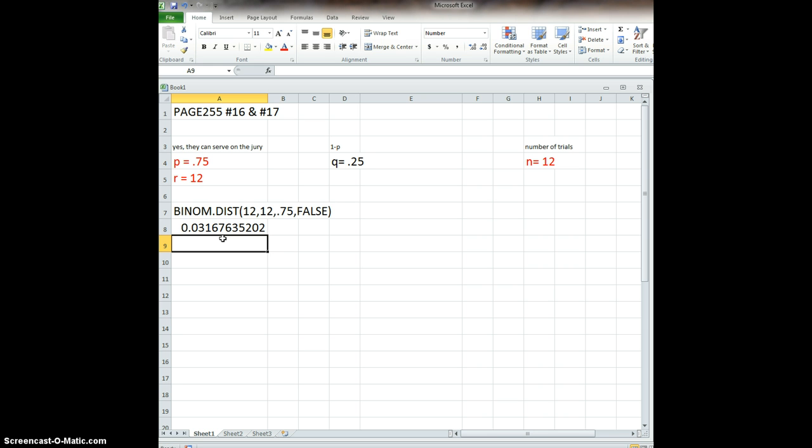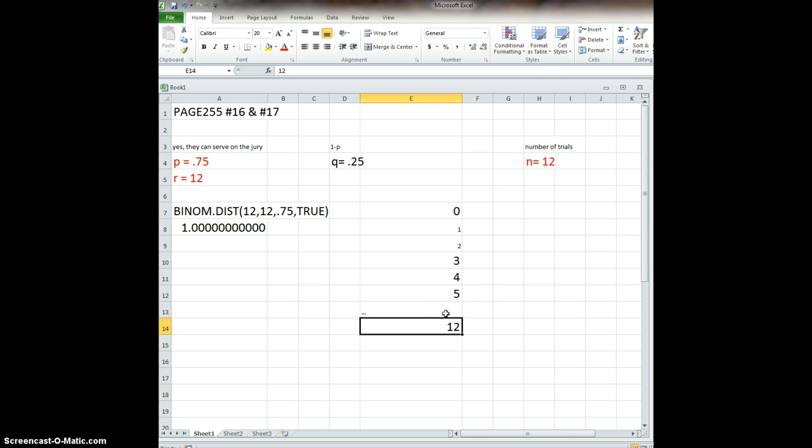So what true does that's different than false is true actually accumulates up to that first number you put in. So our first number here is 12. If we typed in true there instead of false, true accumulates what are the chances that 0 people said yes, and adds that to what are the chances that 1 person said yes, 2 people, 3 people, 4 people, 5 people, all the way down, etc., to 12.